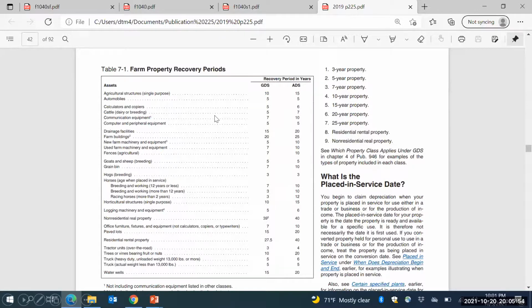Cattle, dairy or breeding, 5 years under GDS, 7 years under ADS. New farm machinery, 5 years under GDS, 10 years under ADS. The IRS is very specific on the length of depreciation for assets.